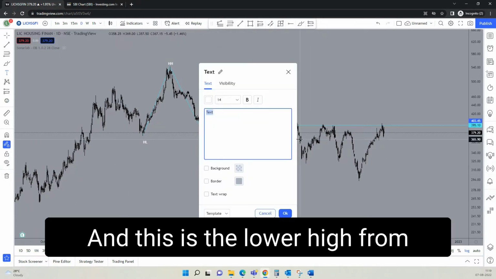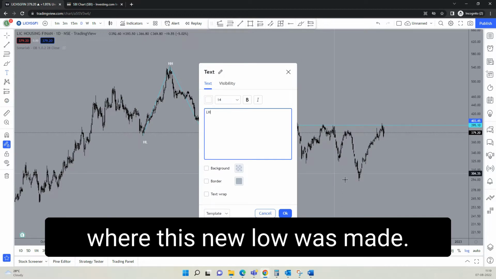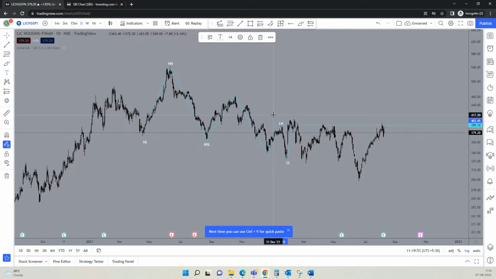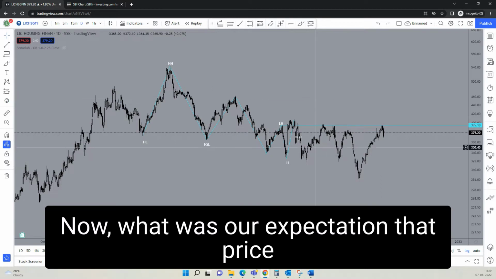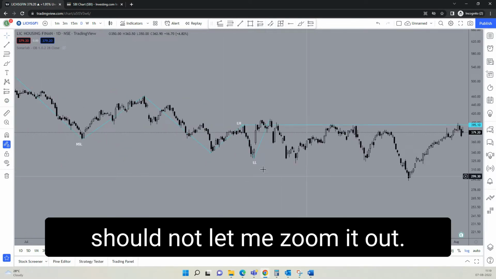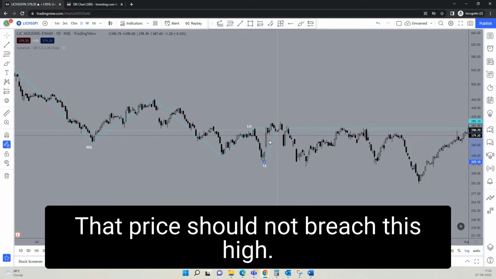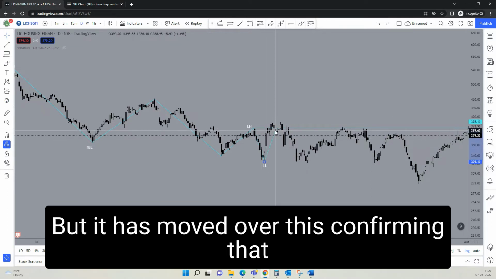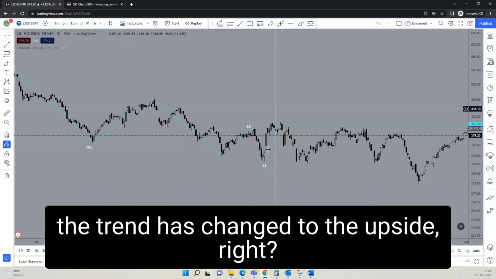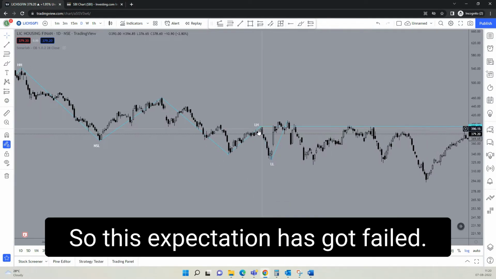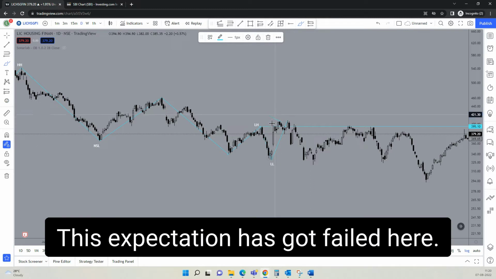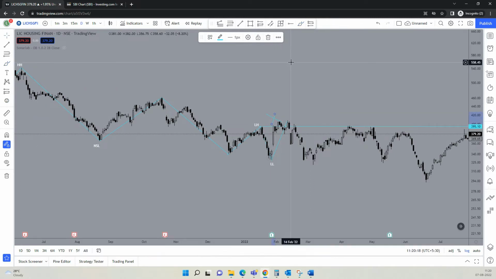And this is the lower high from where this new low was made. Now, what was our expectation? That price should not, let me zoom it out, that price should not breach this high, but it has moved over this, confirming that the trend has changed to the upside, right? So this expectation has failed.